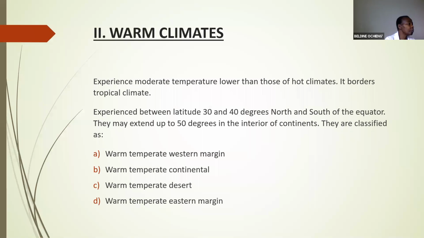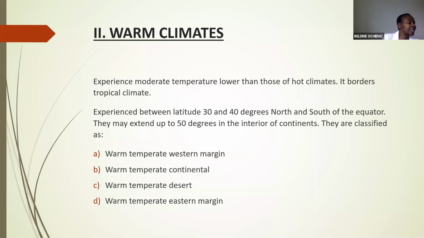Warm climates experience moderate temperatures, lower than those of the hot climates. It is moderate when we are comparing it with the hot climates. The warm borders the tropical climate. We have the equator, then tropical, then the warm.